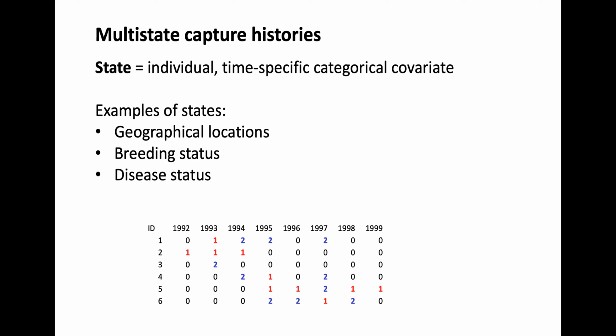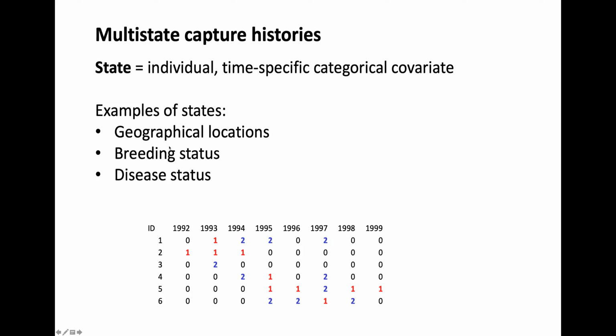Examples of states are sites, for example geographical locations, and we might be interested in estimating dispersal between these sites. Another example might be breeding status, and we might be interested in accession to reproduction or in assessing survival-reproduction trade-offs in evolutionary ecology.